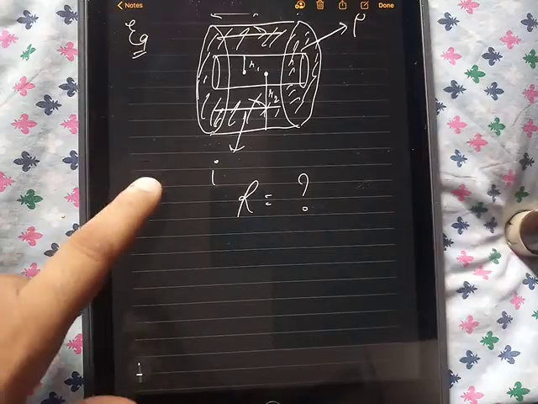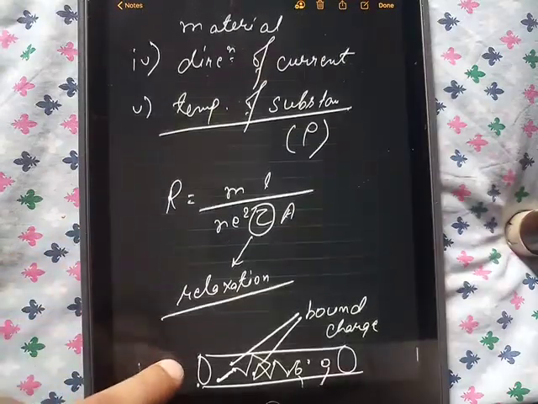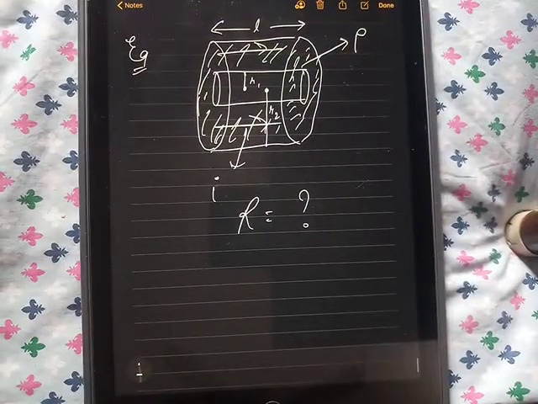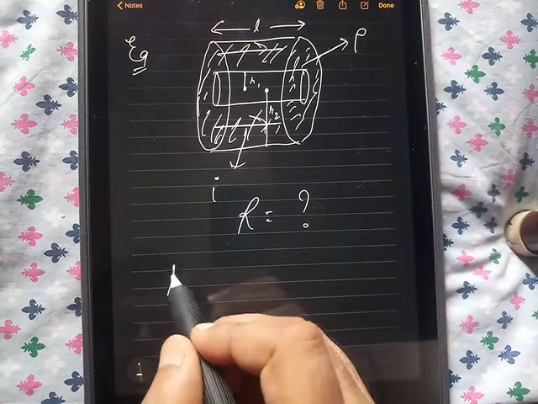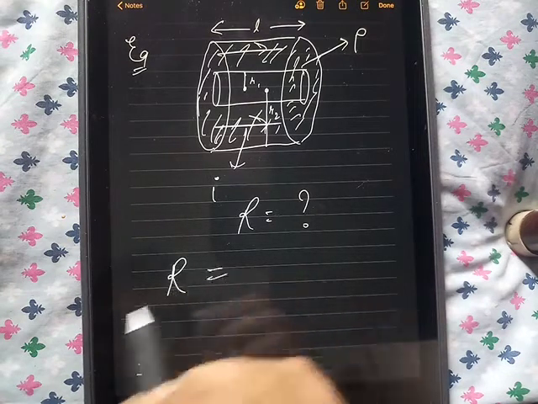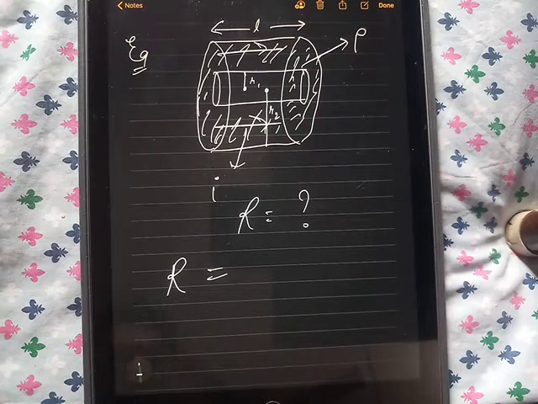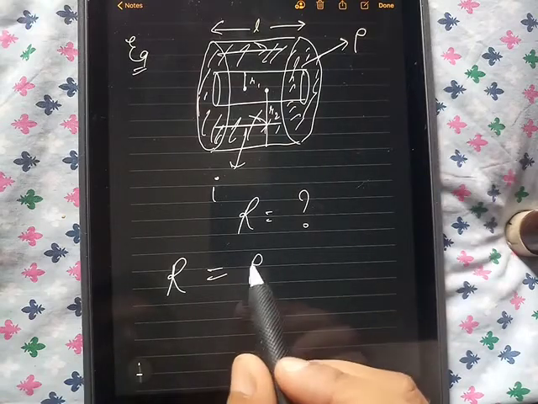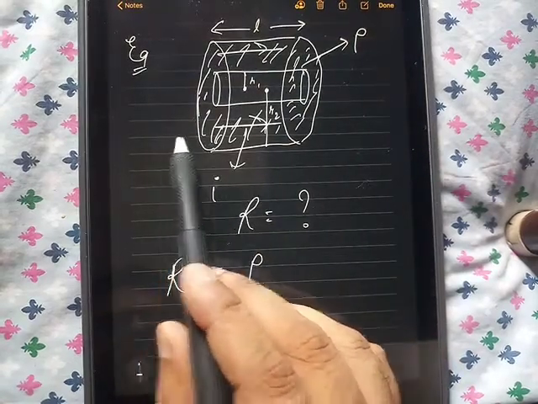Again, learn it from the example. Pause your video. Let us find the resistance of the conductor. As previous studies suggest, R equals rho L by A, where L represents the length along the direction of current.